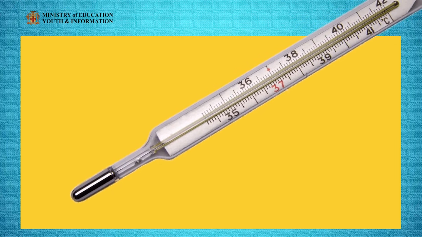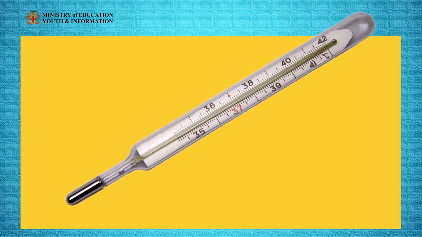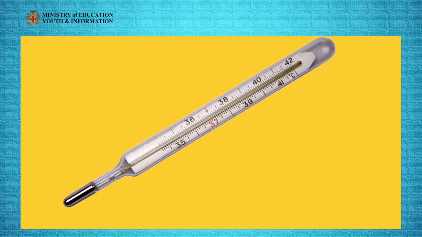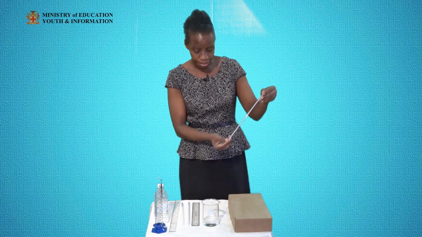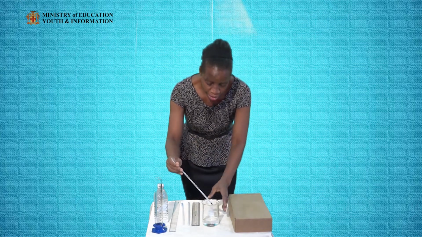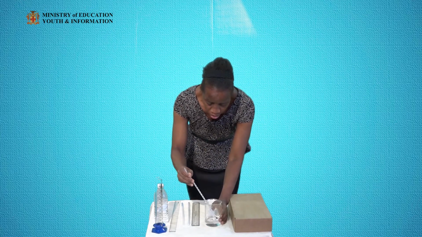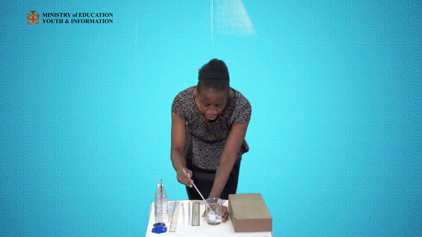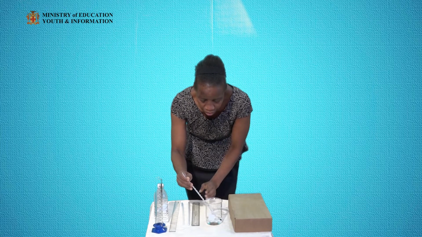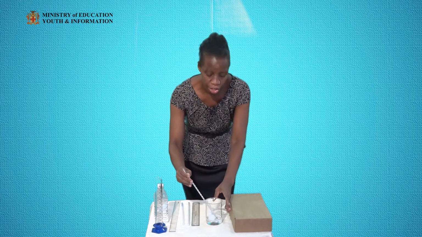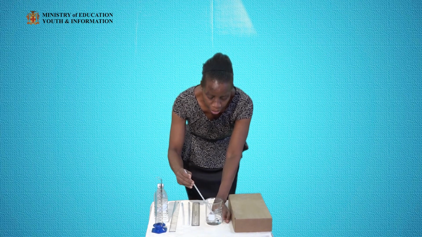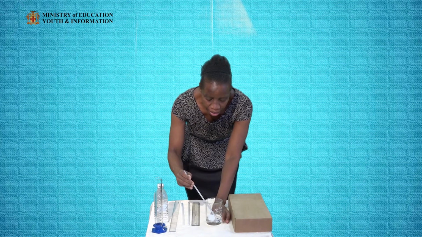At the top of the thermometer, this is called the stem. And again, we will see certain markings on the thermometer, certain numbers, which will give us an idea of the temperature. Okay, so place our thermometer in our water or in our liquid, depending on what you're measuring, right? You want to ensure that the bulb is submerged in the liquid.